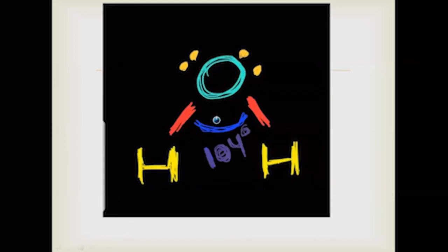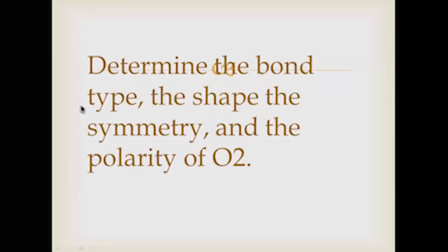The third question is to determine the bond type, the shape, the symmetry, and the polarity of O2. Now, oxygen, as we know, is a non-metal, so that means the type of bond is a covalent bond.